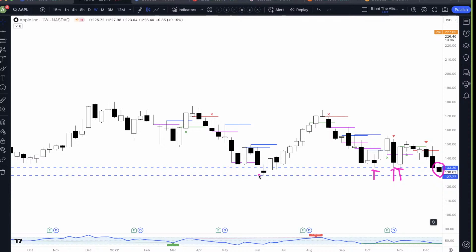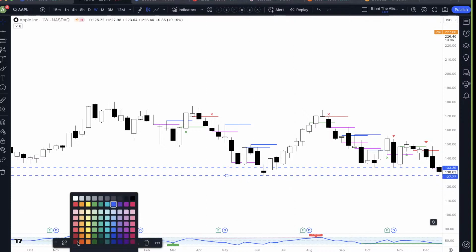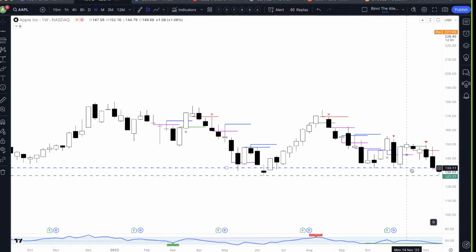But machines are able to see far enough to know that even with this candle here, which is a little bit bearish, Apple is still considered at a support given by this level here. That means that if I just change this color here, Apple would still be in a support.